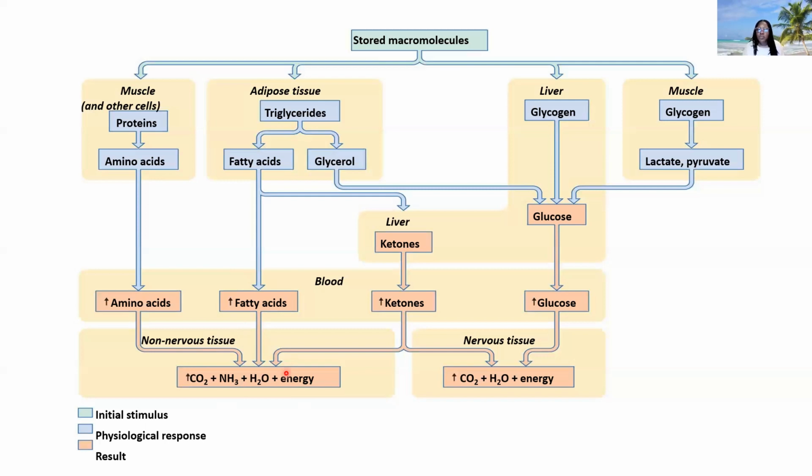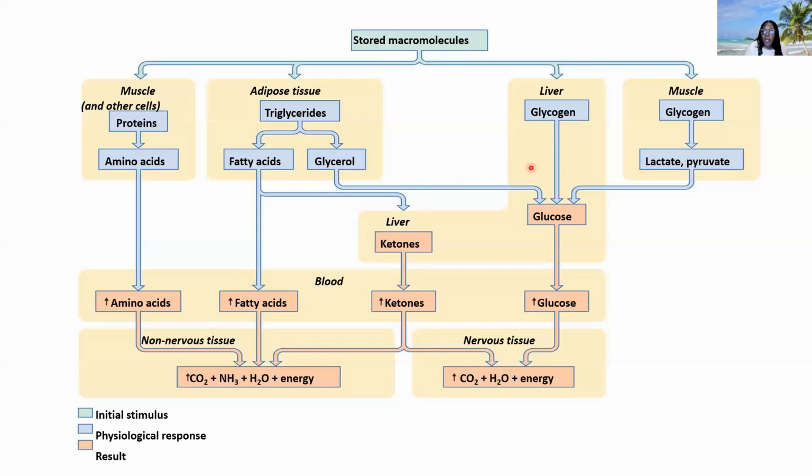Remember, the nervous tissue really prefers glycogen and glucose. So these are some options that are going to be feasible for more of our other body tissues. Glycerol can be converted into ketones in the liver, and our ketones can be used in both our nervous tissue and non-nervous tissue as an alternate source of energy.